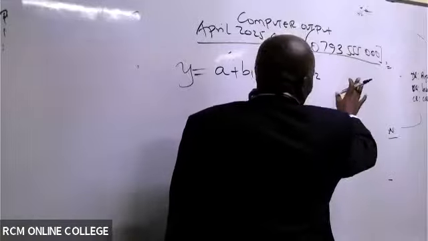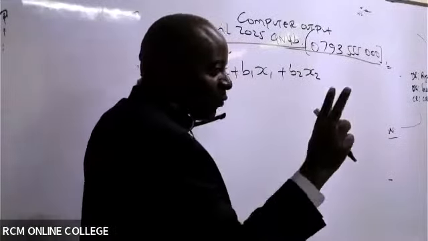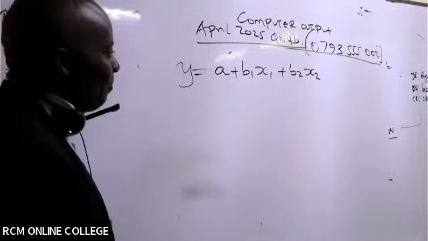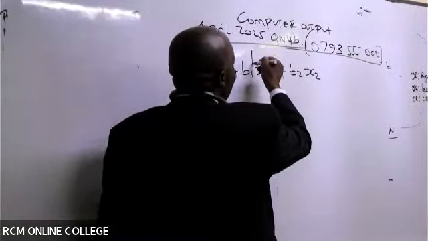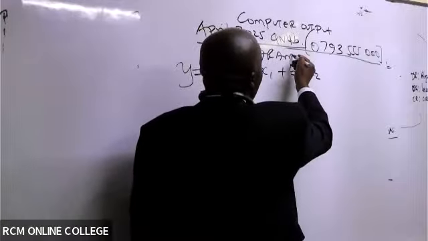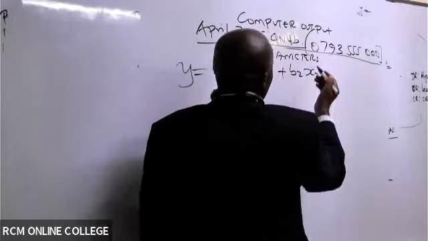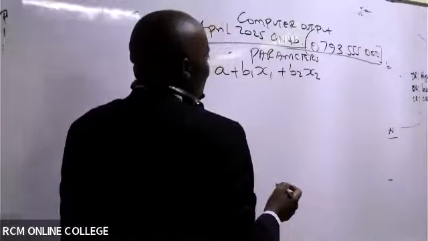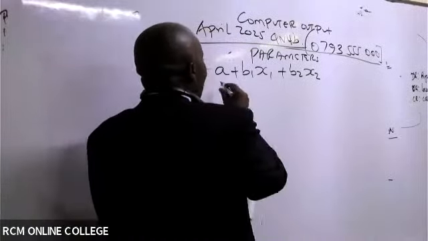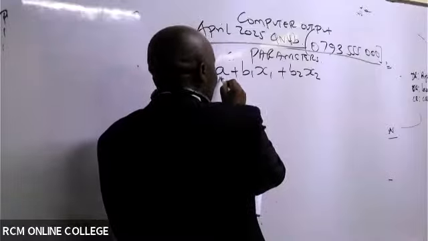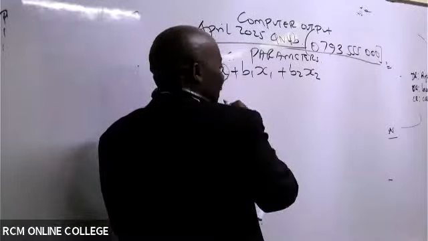It shall not have the blah, blah, blah, because here we know we have two x's, isn't it? Now, remember, we call these ones parameters. In these parameters, remember automatically, this will be the constant coefficient or the intercept, isn't it?